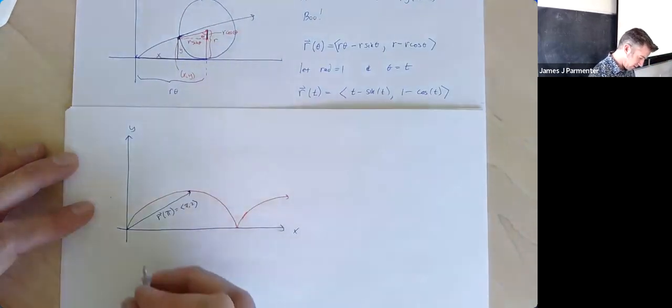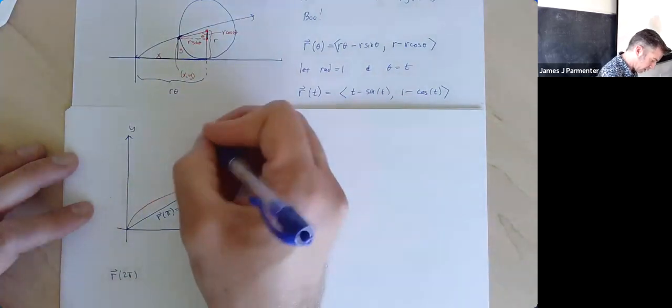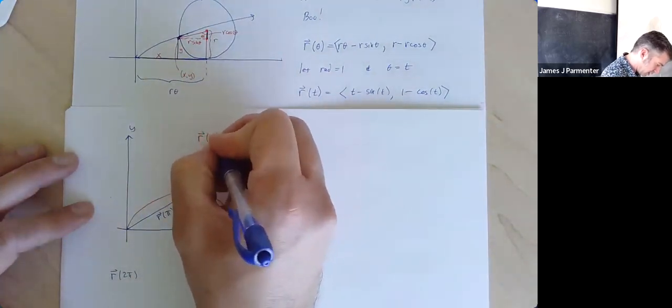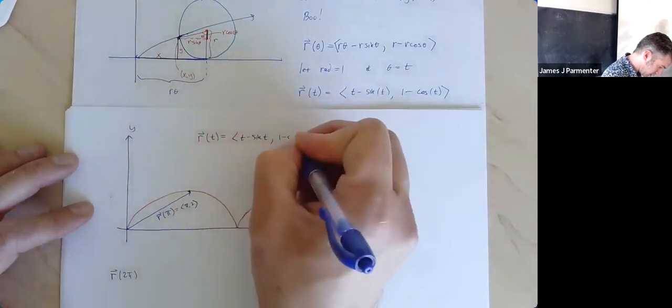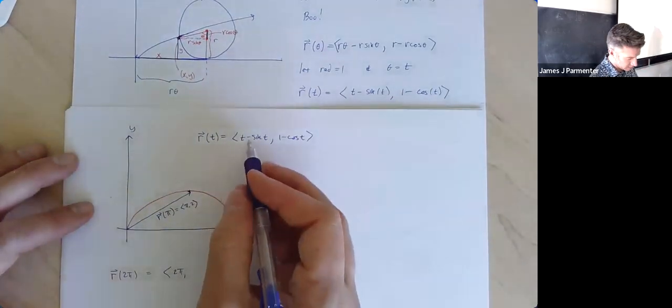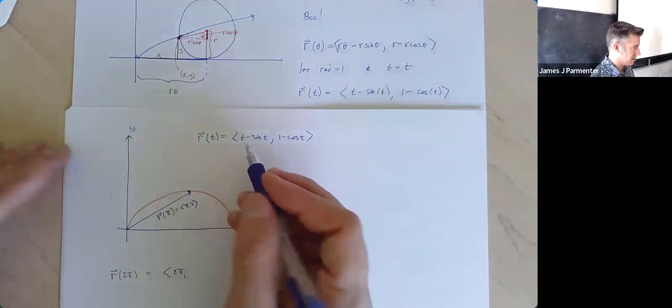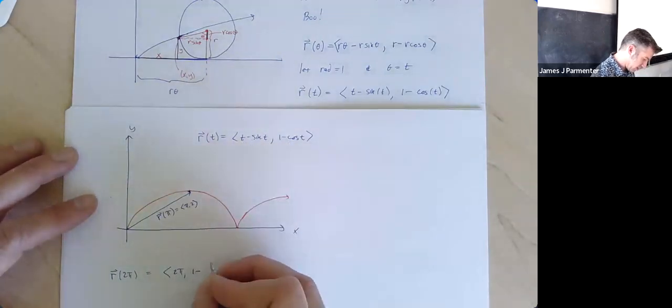Or for example, if I do r of 2 pi, well, I suppose I could write my function again. r of t equals t minus sine t, comma, 1 minus cosine t. r of 2 pi is going to be 2 pi minus sine of 2 pi, which is 0, and then 1 minus cosine of 2 pi is 1 minus 1.